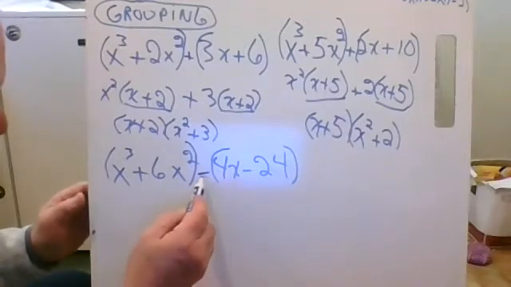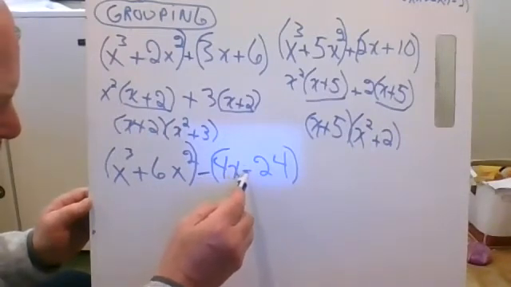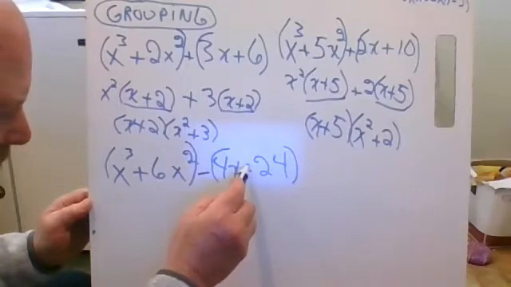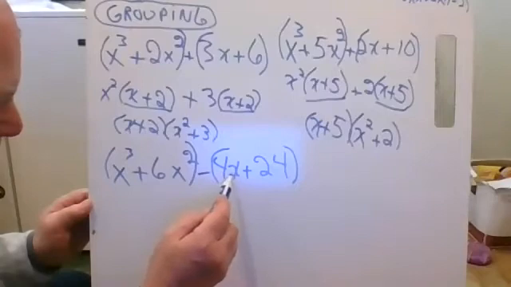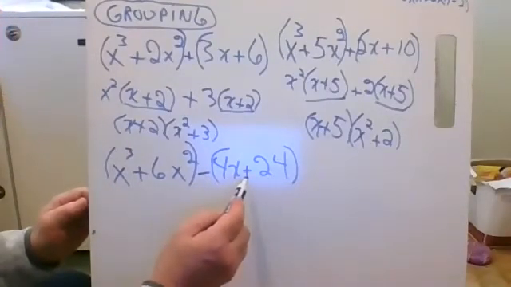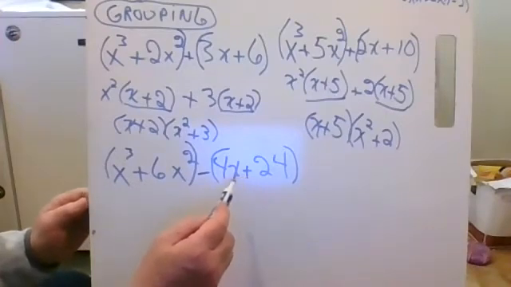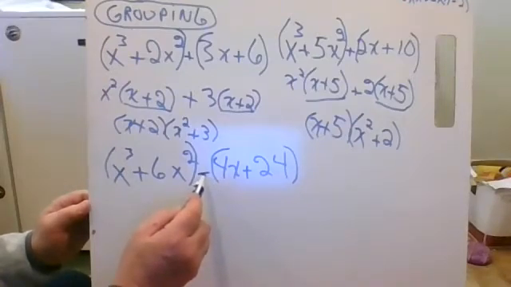So whenever you have a minus here and you do your grouping, you have to take this sign and make it the opposite. Now it would be minus 4x minus 24. So we had to make that minus into a plus. That only happens when you group with a negative.